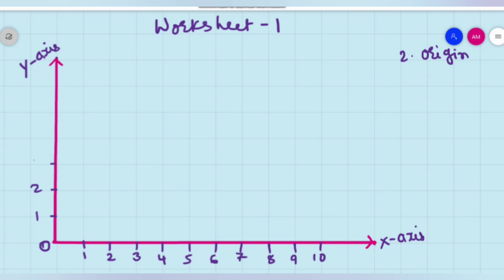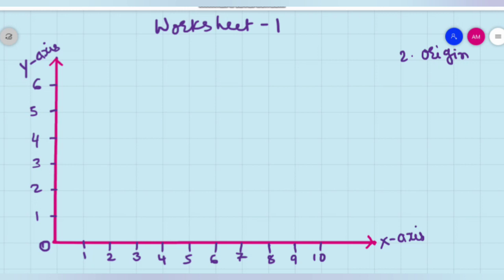You have to keep in mind that 1, 2, 3 and all these numbers will be equidistant from one another. You cannot write the numbers like 0, then 10, then 12, then 3, then 7. You have to write in order.